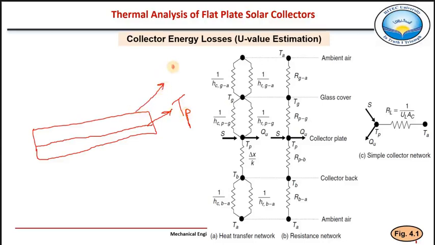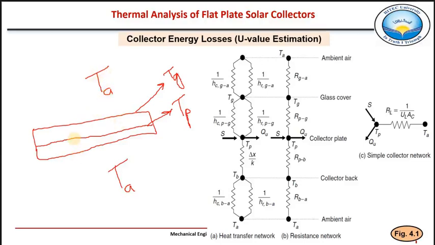Then there is a glass cover whose temperature is Tg, which is also unknown, so we shall initially assume Tg. Then here is ambient temperature Ta on the top or front and on the back side of this glass cover, which is normally known to us.